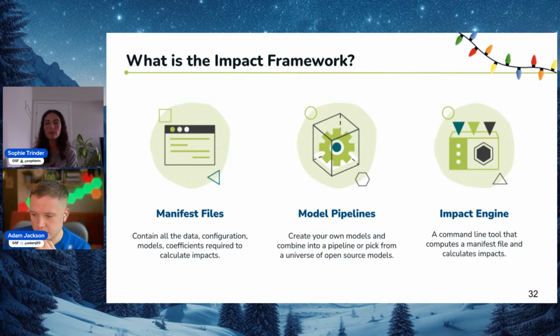So we want people to be able to build their own models, their own plugins, and use the framework to build on it, or pick from a broad universe of open source models created by others. We expect the community and our member orgs to build way more of these models to extend it to all different areas of software. So hopefully people will be able to understand the SCI without having to do lots of manual calculations themselves every time.